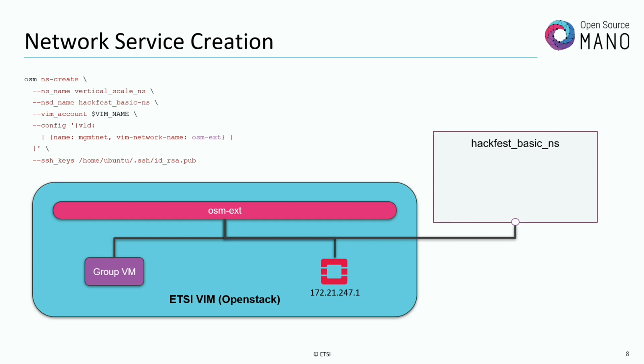Now I could have hard-coded this into my descriptor. The reason why we don't typically do that is because we don't know what your network is going to be. We don't know what the names are out there. So we leave it deliberately blank and expect at instantiation time, from an OpenStack perspective, that you tell us what OpenStack network to use for our external. I happen to do it for the network name that we're going to attach to.